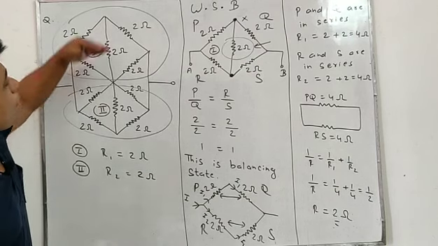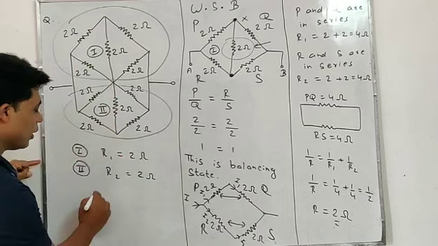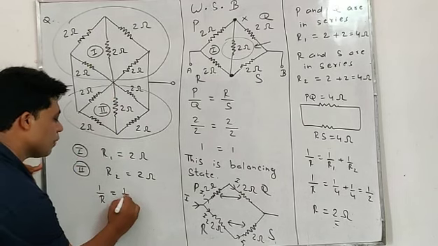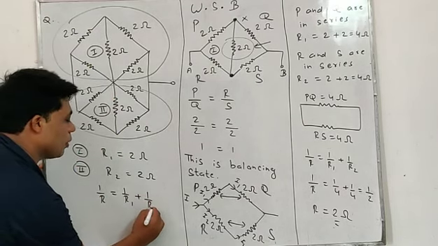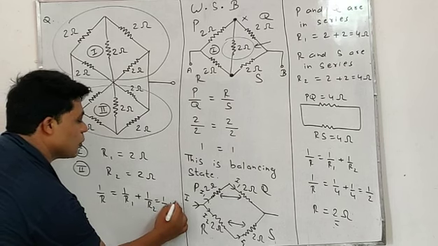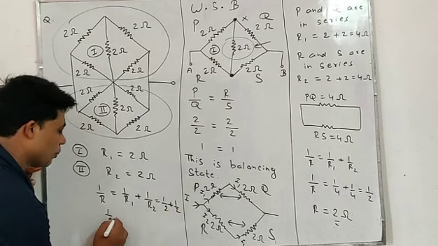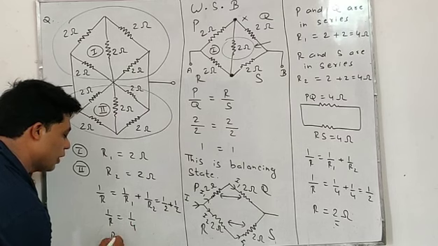Now these two are parallel to each other, and we know the formula of parallel combination: 1 upon R1 plus 1 upon R2, 1 by 2 plus 1 by 2, it becomes 1 by 4, and finally R comes as 4 ohm.